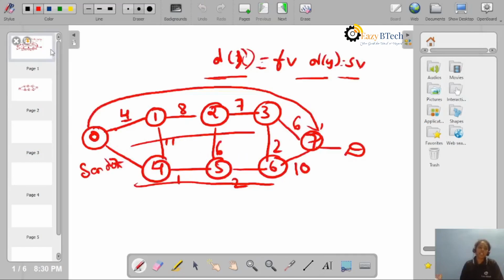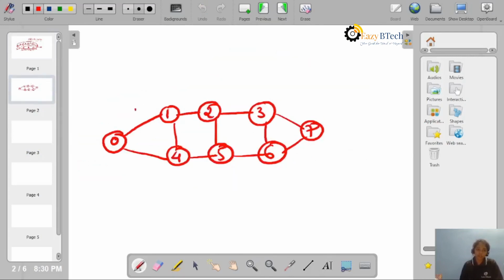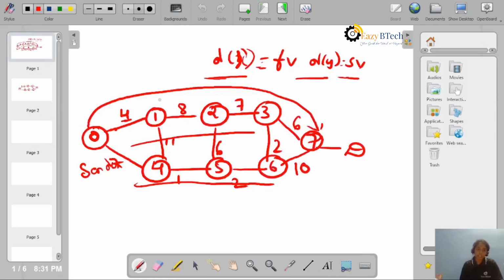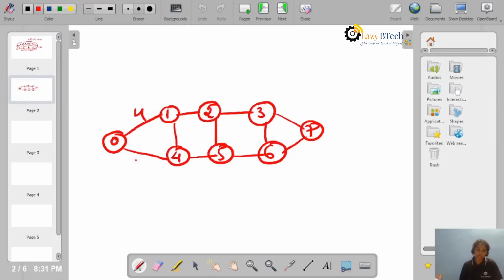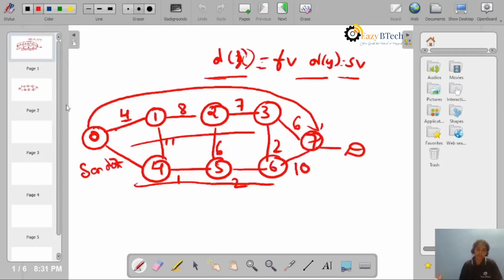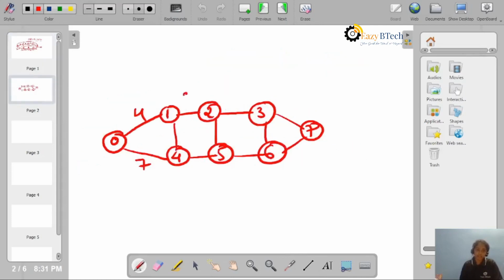For each and every node we have a particular cost here. So 0 to 1 we have a 4. That is the main graph. 0 to 4 we have a 7. 1 to 2 is 8, 7, 11, 2.